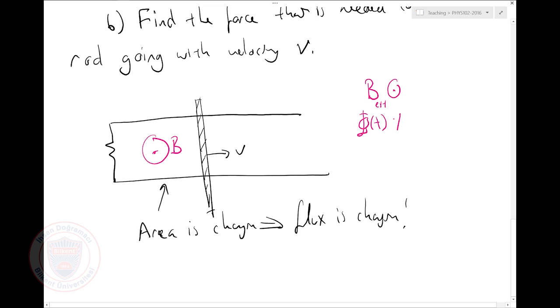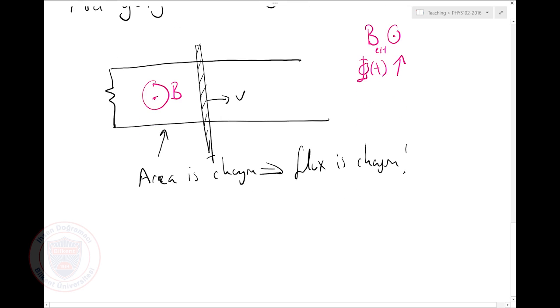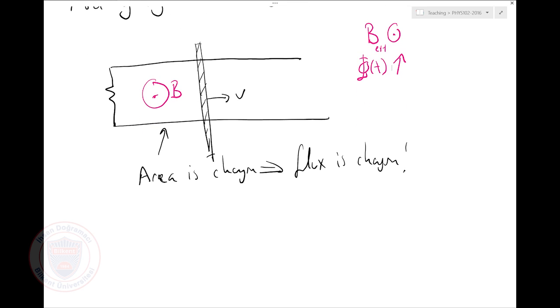is increasing. So what does Lenz's law tell us? It tells us that the current in the loop should resist this increase. So B loop must oppose B external.